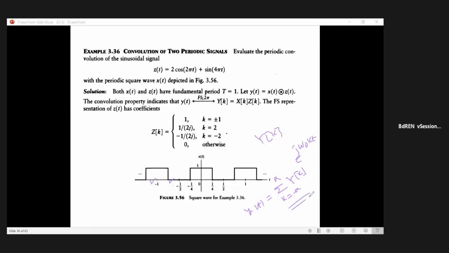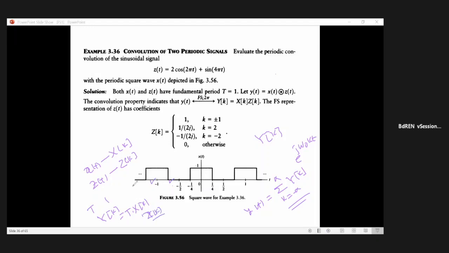Then the technique is: if two signals are given, then from x(t) you find your X_k, from z(t) you find Z_k. Then if T is the time period of this signal, your Y_k would be equal to T multiplied by X_k into Z_k.